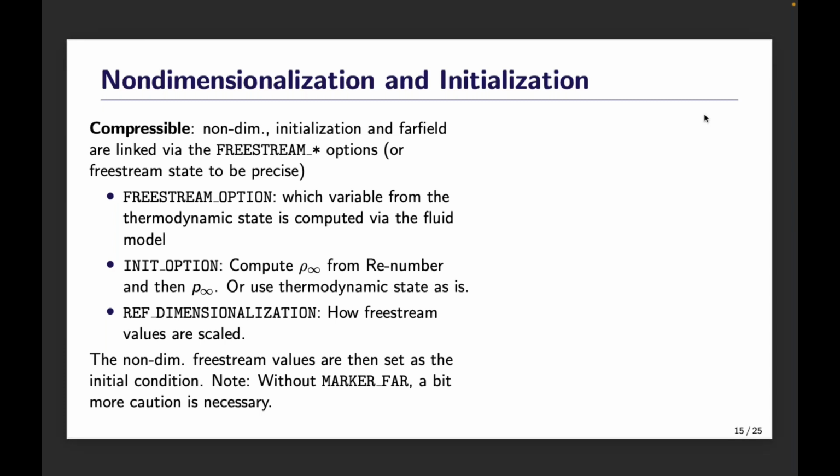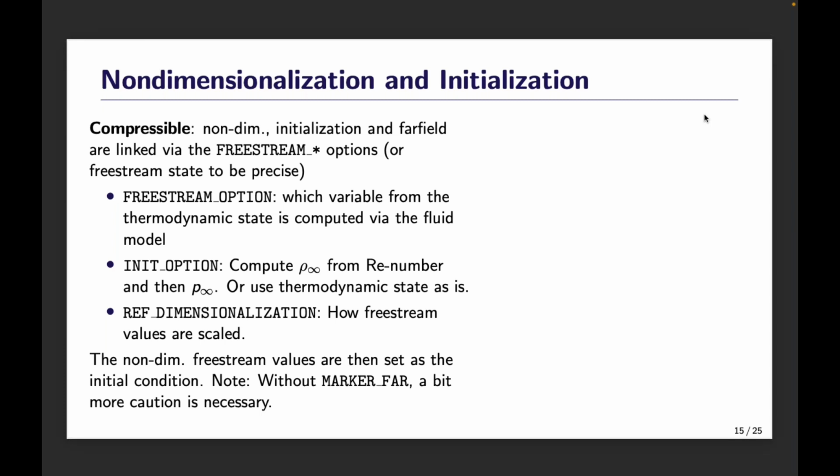And just as a best practice guide in that regard, what we do, we always in compressible go through free stream options, and we have options that change how the free stream quantities are chosen, and then based on these free stream values, we do the non-dimensionalization and the initialization. So with these free stream values, you change both non-dimensionalization and initialization.